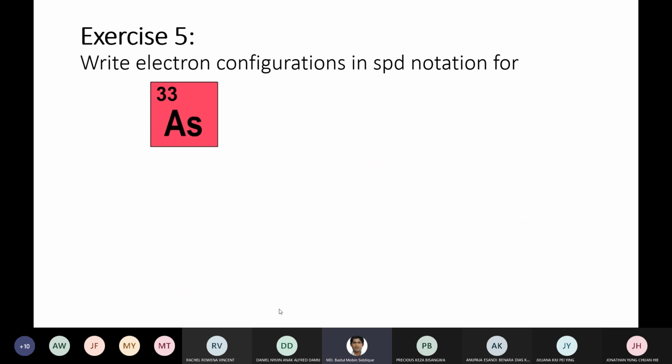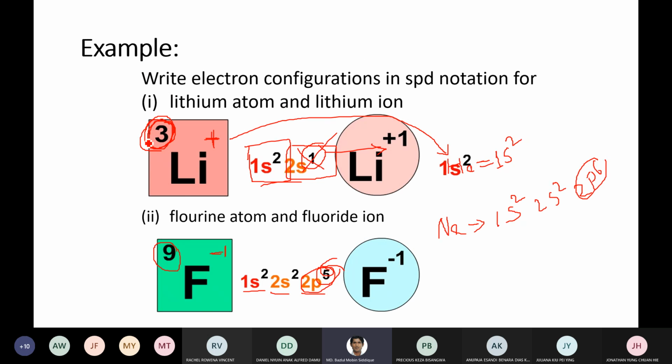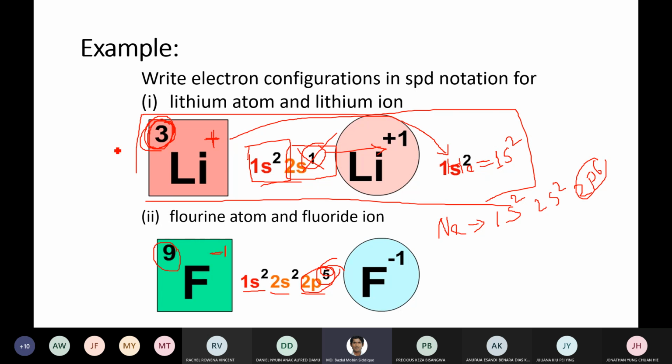In SPD notation as arsenic, and you know that arsenic is very carcinogenic. Oh, before that, I forgot to mention that lithium, we all know, is nowadays carried by every one of us, because it is in our phone batteries, smartwatch batteries, lithium-ion batteries. Lithium releases electrons very easily, and that is why.